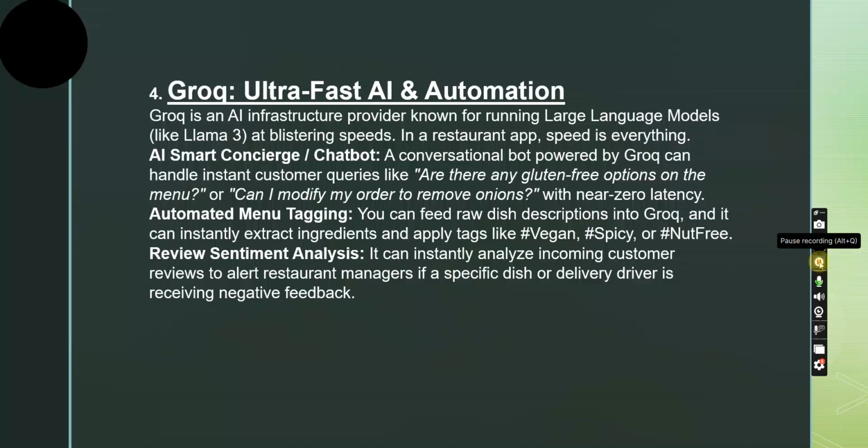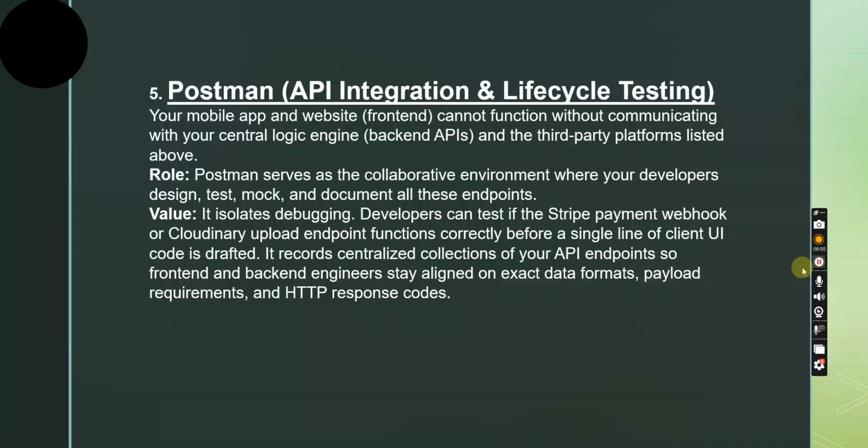Basically, Grok was used for the AI description of a recipe or a dish. So instead of typing out a description yourself, Grok scans the ingredients or the image and types out a description so that the customer can easily understand. Instead of doing it every time, the restaurant can use Grok.